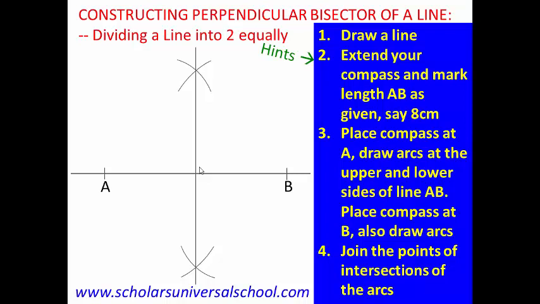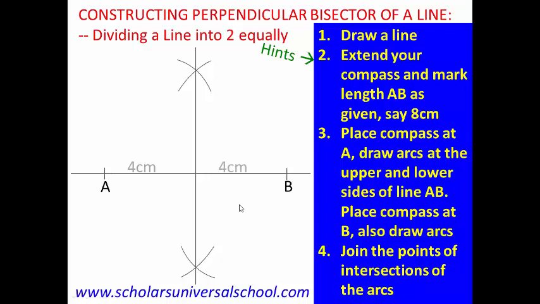And because it is a bisector, it must divide the line into two equal halves, so the point where the bisector divides AB, the part to A will be equal to the part to B. We are using 8 centimeter, so each of them will be 4, 4.